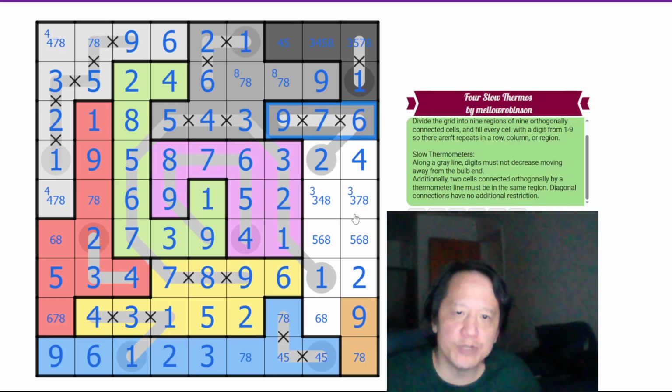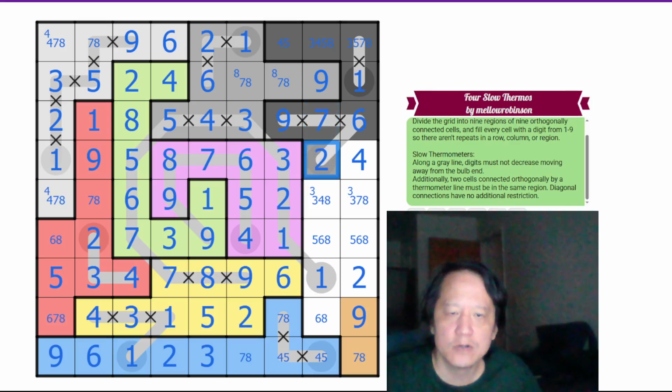This cannot reach the 2 here, and it must access a 2, so it has to access that 2 there. So we have one of these is dark. We don't know which, because we have 1, 2, 3, 4, 5, 6, 7, 8. So we have dark here, or orange, and the rest of this is orange.